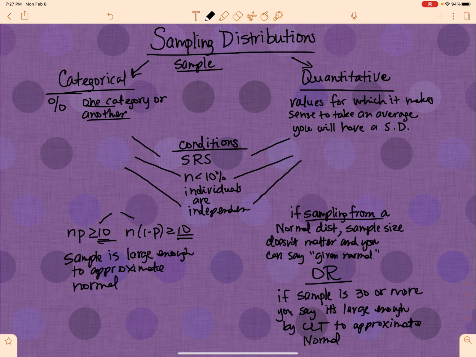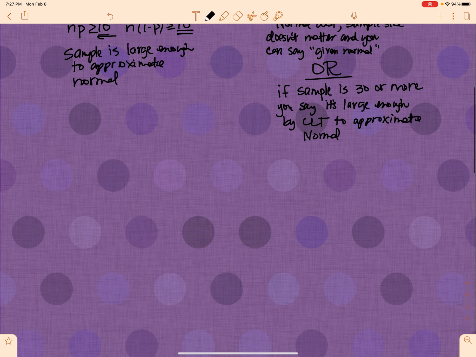Groovy. Okay, so once you have all of that figured out, then you have to create a distribution in this form right here. You have to do the same thing here.